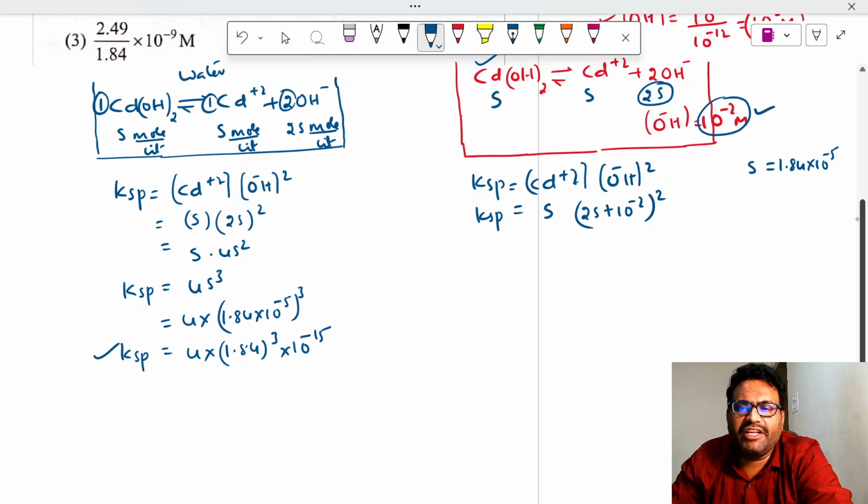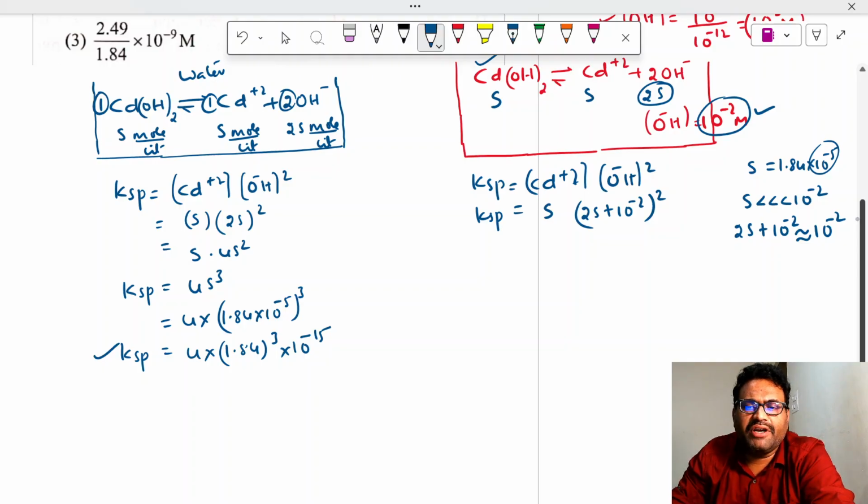When you compare it with 10 power minus 2, it is very much less than 10 power minus 2. So I can write that 2S plus 10 power minus 2 can be taken as 10 power minus 2 directly.